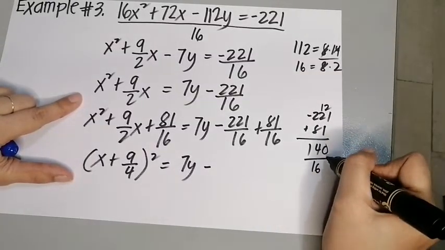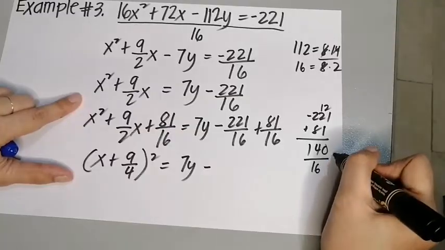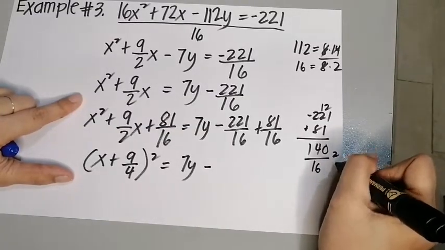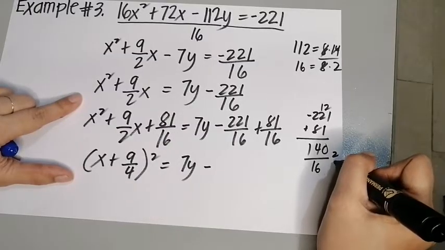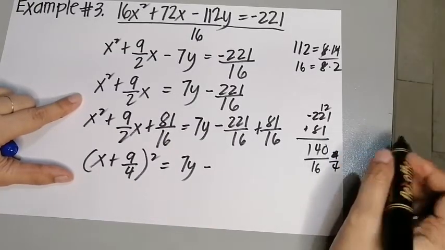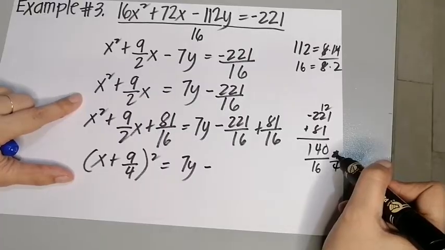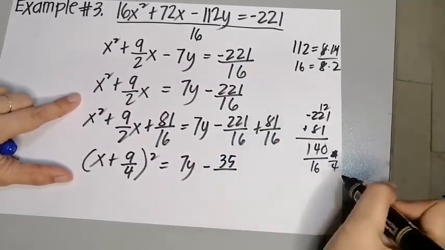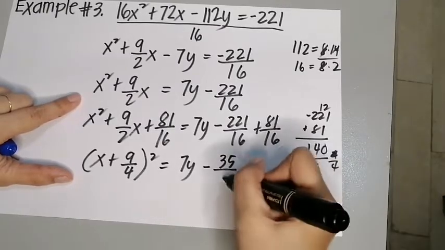And 140 and 16 still have a common factor, that is 4. 140 divided by 4 is 35, and 16 divided by 4 is 4.